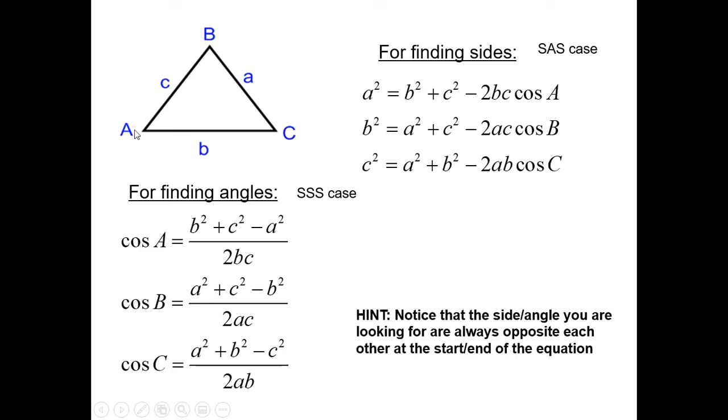Cosine of A is going to be b squared plus c squared minus a squared, divided by 2 times b times c. I know that's a lot to figure out. And then to find angle A, we would need to take the inverse cosine of this. So when you plug that into your calculator, make sure that you get all the pieces together and that you calculate it correctly.